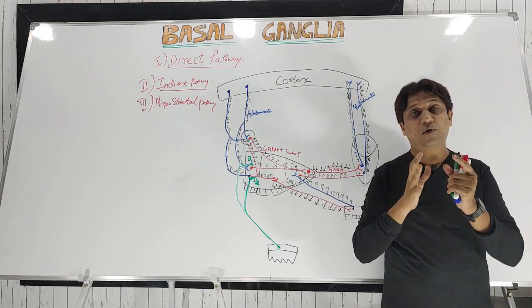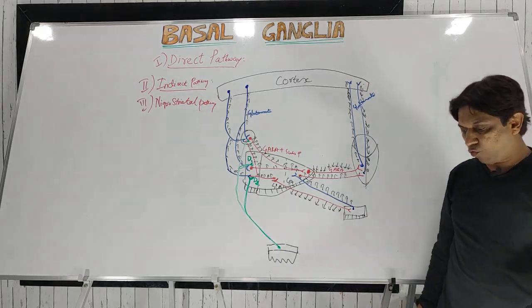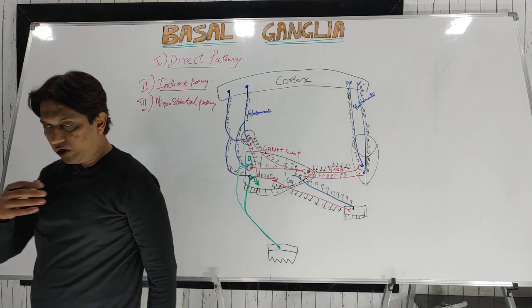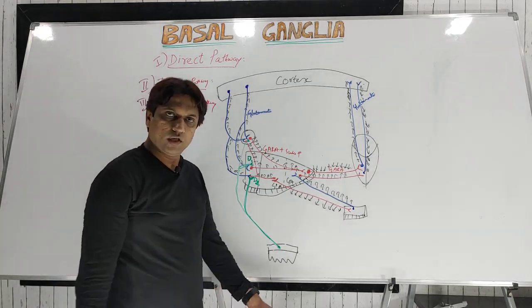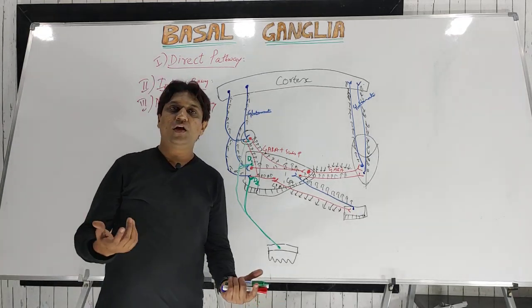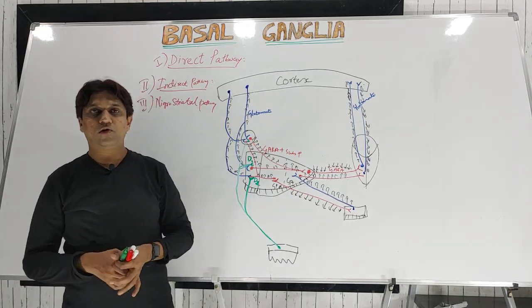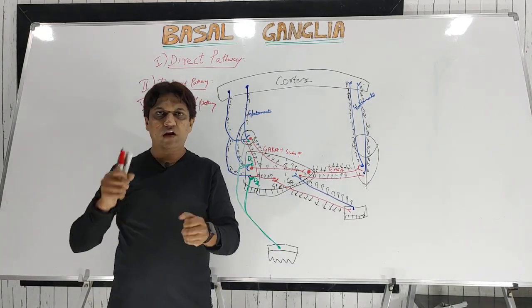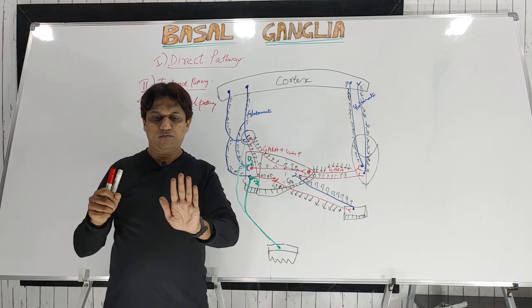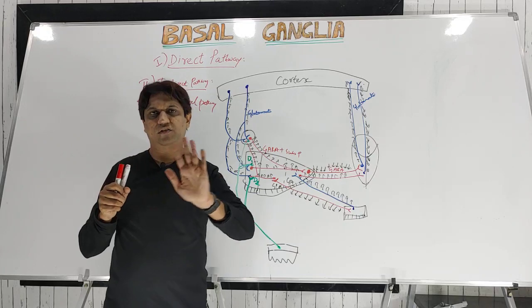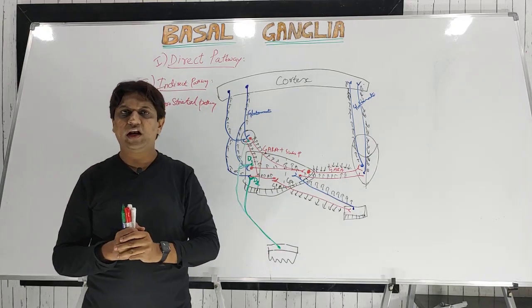our subconscious movements. Okay, for example, while walking we subconsciously swing our arms like this, okay? That is subconscious movements, again it is due to this basal ganglia. Or suppose while we are driving a car, our lower limbs will be pressing the clutch, brake, or accelerator.